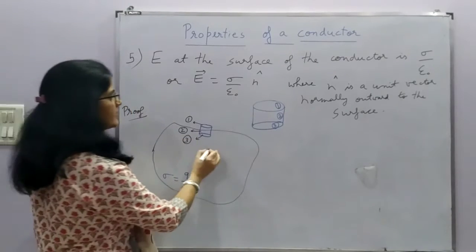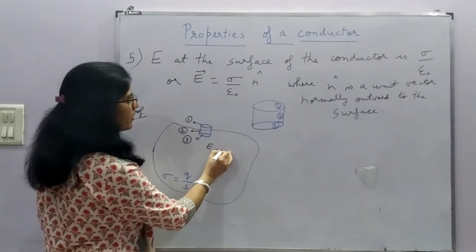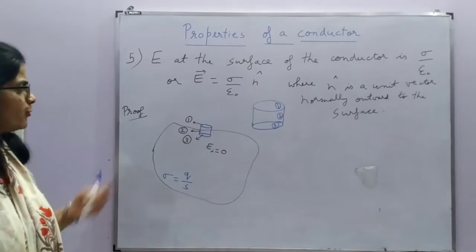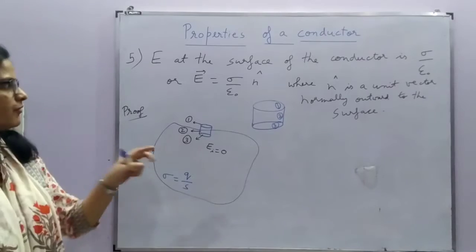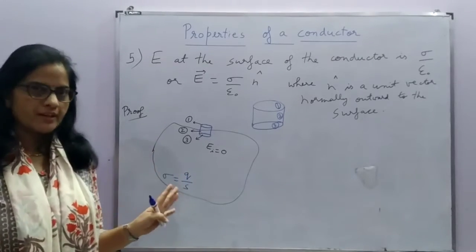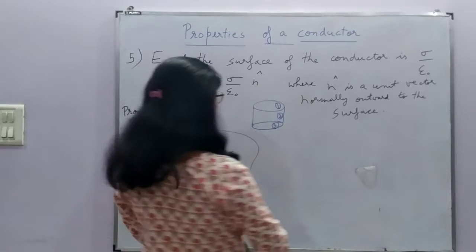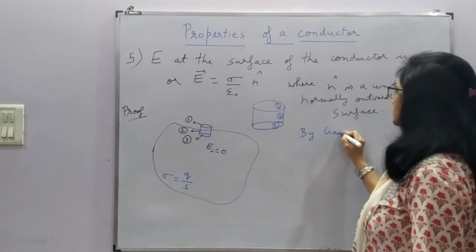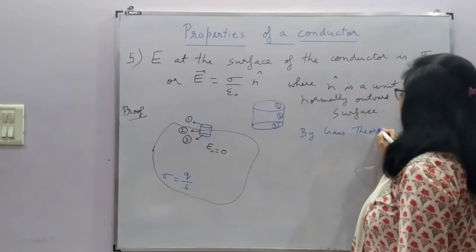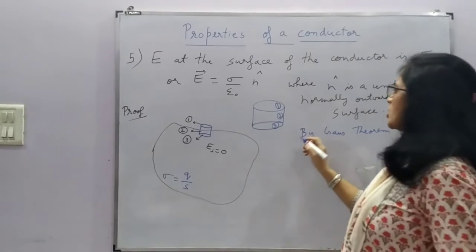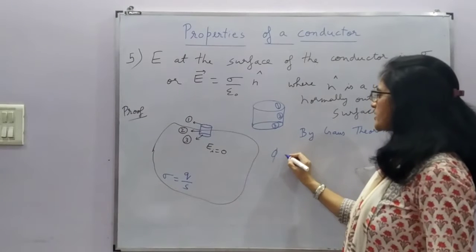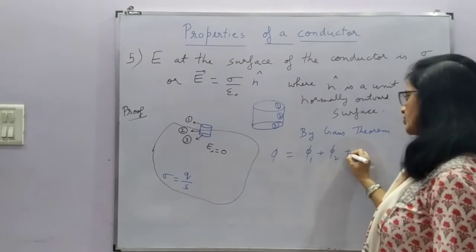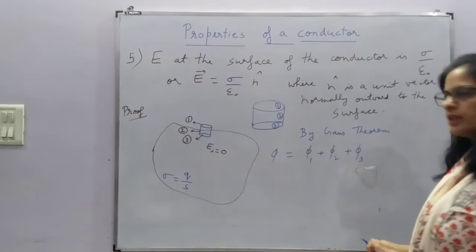We know that E inside is 0, right? So by Gauss theorem, if I want to find the electric field here, we have to consider the concept of flux. By Gauss theorem, what do we know? We know that the total flux is equal to flux due to the first surface plus flux due to the second surface plus flux due to the third surface.